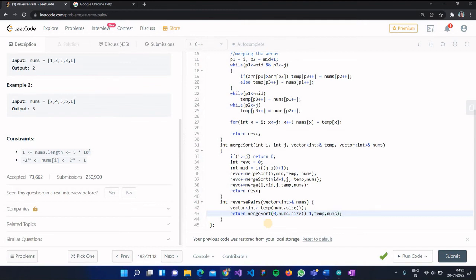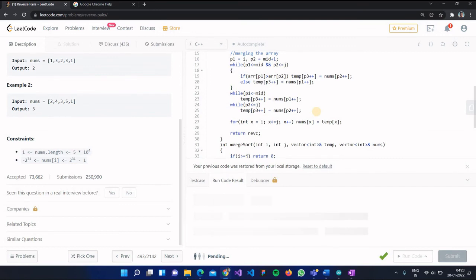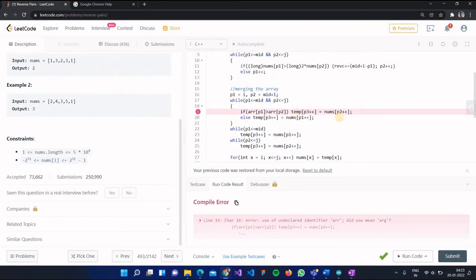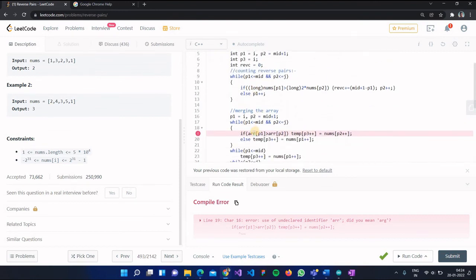Okay, so let's see if it runs properly. So I think this is nums. It should be nums over here, right? Because yeah, it should be nums over here. I wrote array. So the whole crux of this merge sort algorithm basically lies in this merging part.